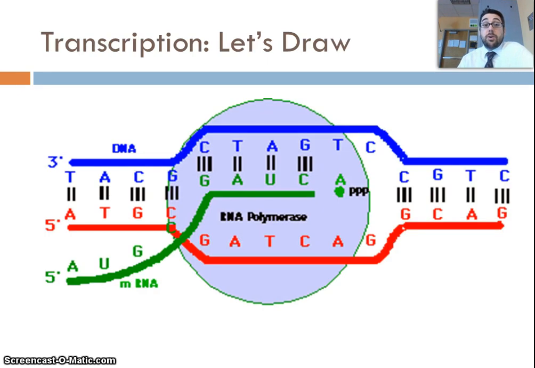So this is where you're going to want to pause and draw this picture. Notice the different colors. The red and blue is all DNA, and that red and blue is to show us that idea of semi-conservative, which is what we learned about DNA replication. So it doesn't really matter.